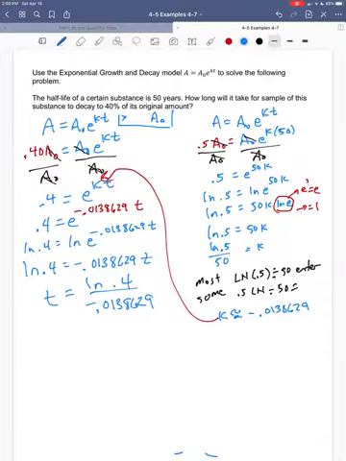So, again, on most calculators, I would hit natural log. It would start a set of parentheses. You'd put in 0.4, close the parentheses, divide by this negative number. Be sure you use the negative button and not the subtraction button.